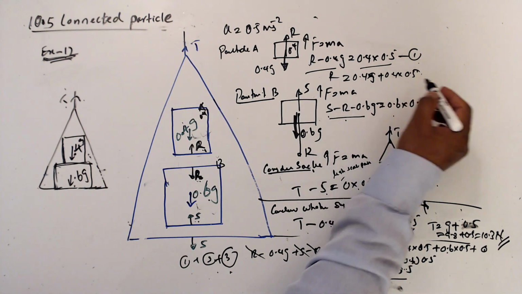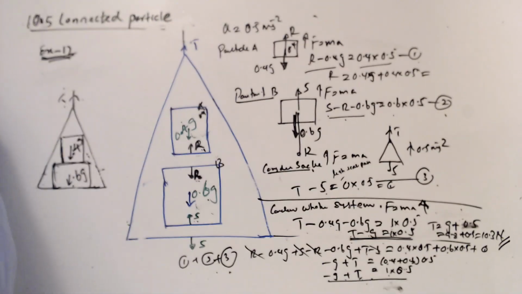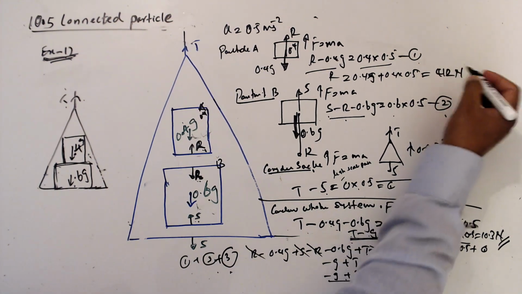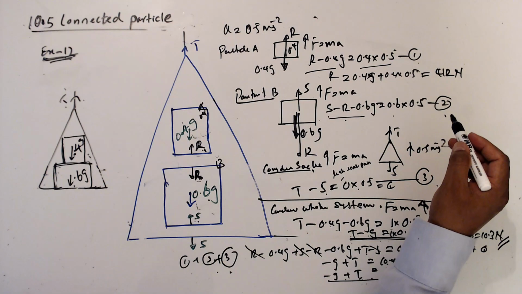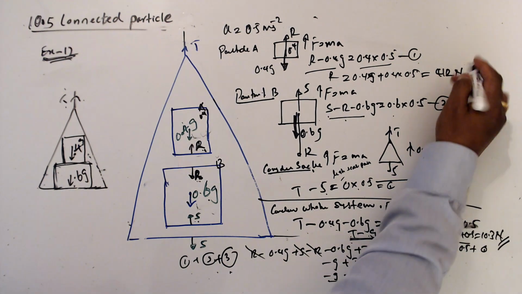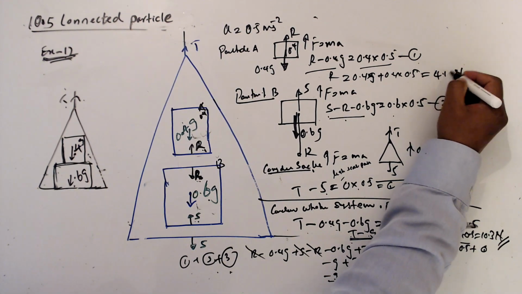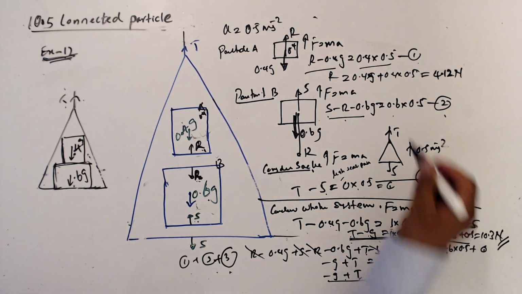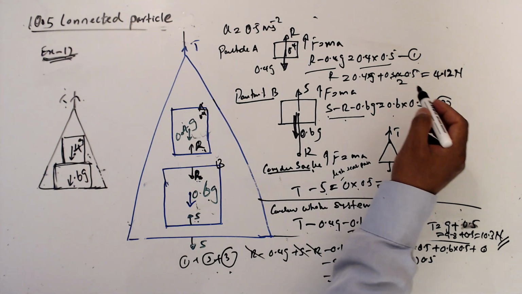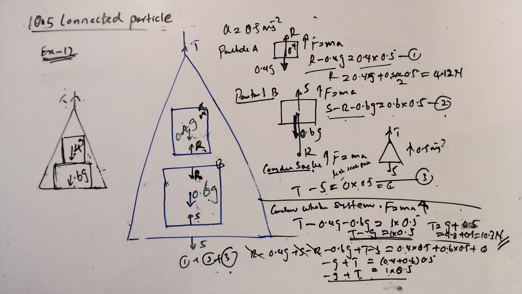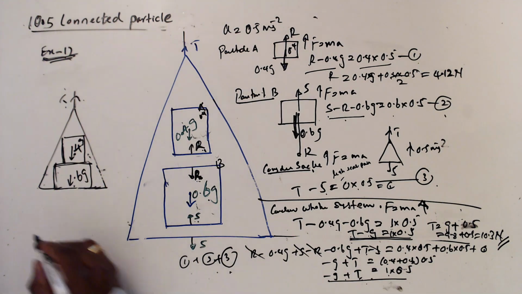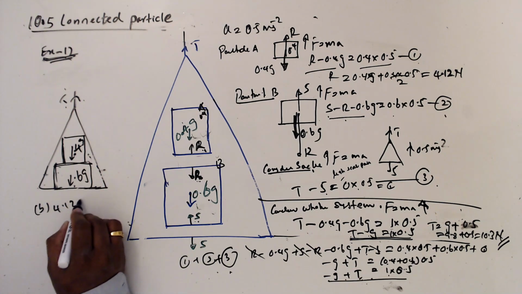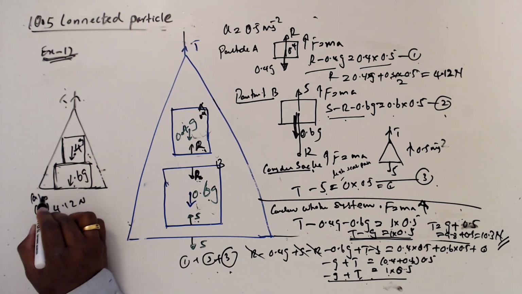When you simplify, you will get the answer 4.12 Newton. It can't be that kind of big number. Yes, this is 9.8 times 0.4 plus 0.2. So part B is 4.12 Newton and part A we found out is 10.3 Newton.